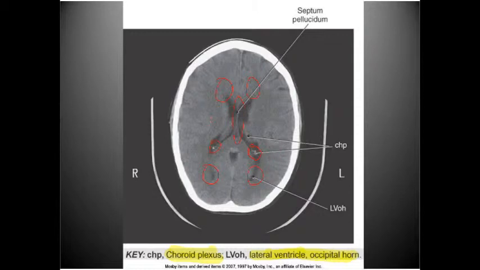This patient doesn't have a great deal of calcifications, but we do see some here, and the beginning of calcifications there on the left side, which is the choroid plexus. Additionally, on this image, we have the falx cerebri here.